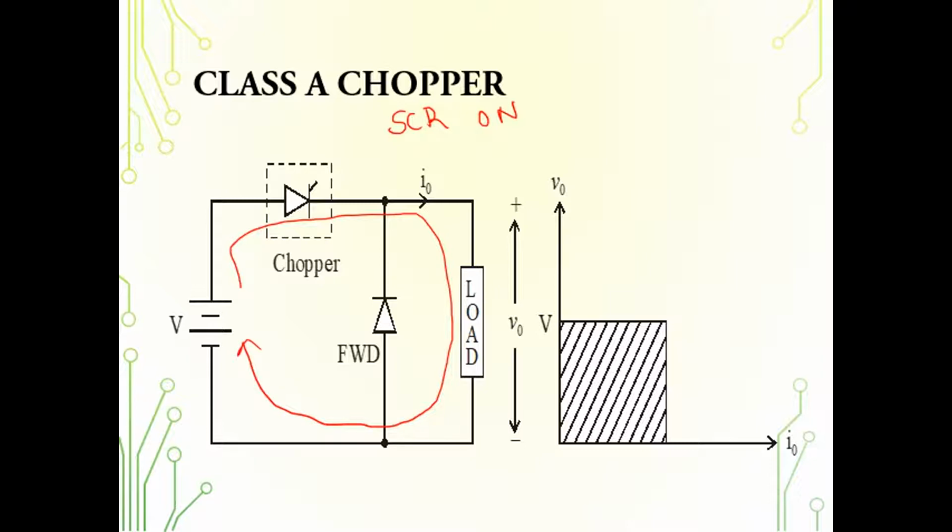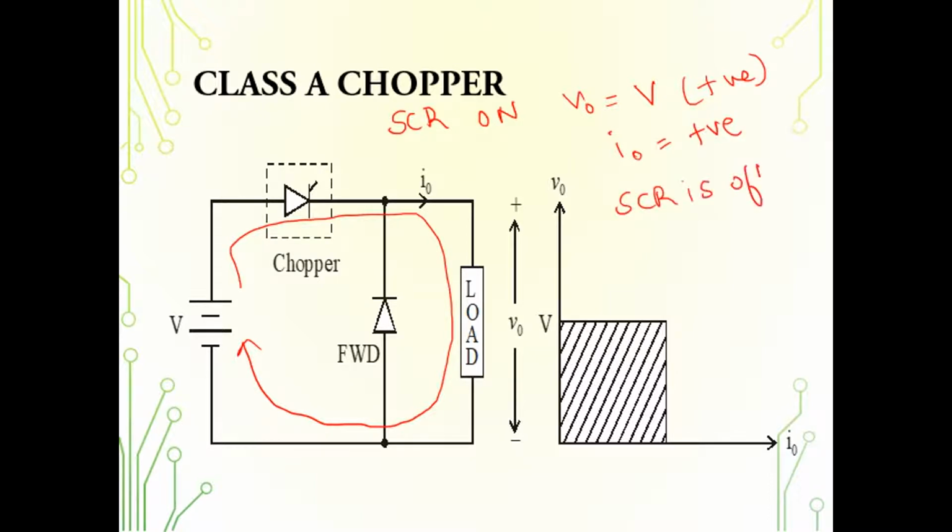So I naught is positive, if we take this direction of current as positive, and V naught is also positive. So when SCR is on, V naught is positive and equal to V, neglecting the thyristor drop. We take the thyristor drop to be 0, so V naught equals V, and I naught is also positive.